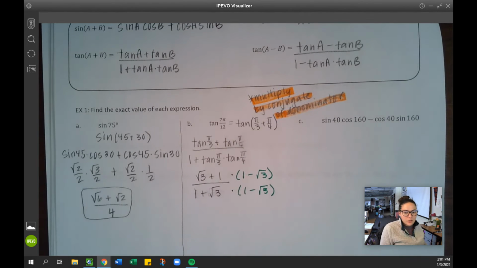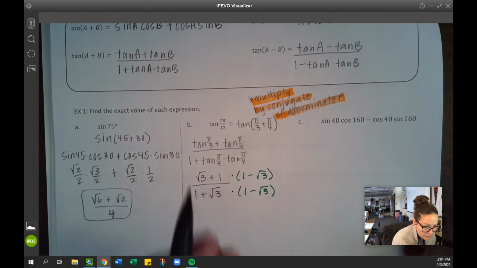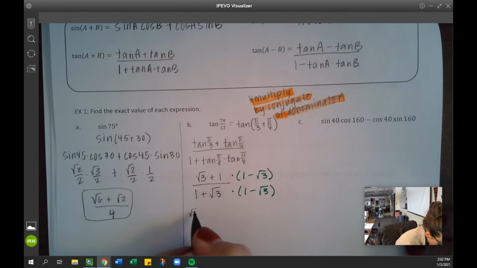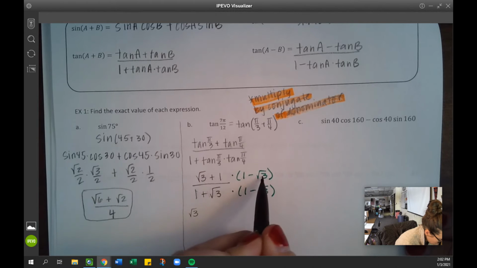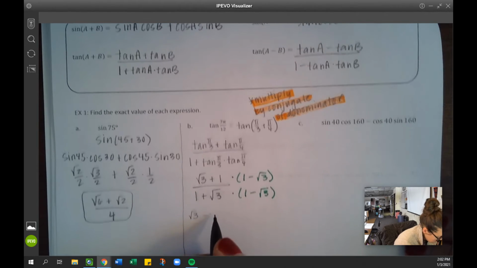And the reason we do this is because when we multiply conjugates together, what we find is that things tend to simplify, things like square roots. So now we're going to go through and FOIL. So square root of 3 times 1 is square root of 3. Square root of 3 times the square root of 3 is 3.